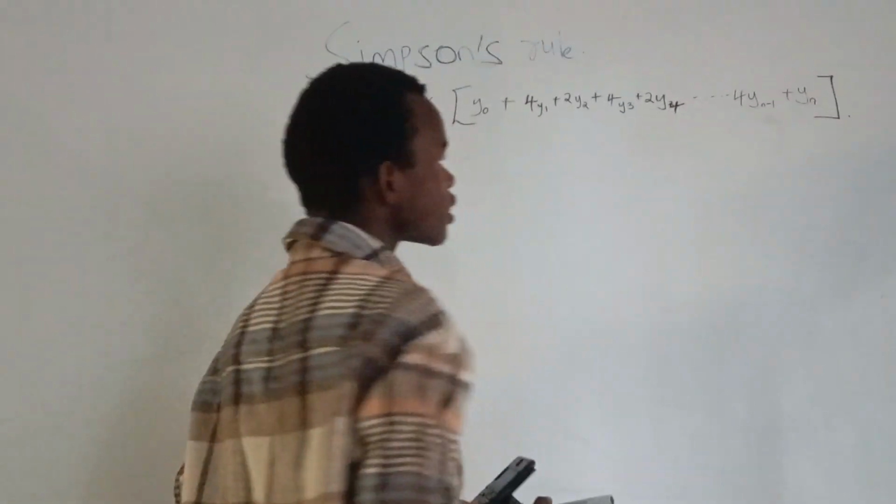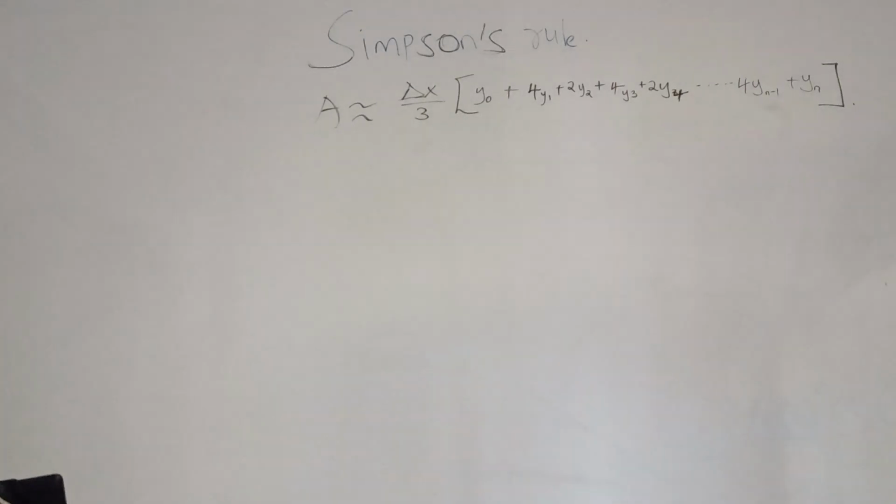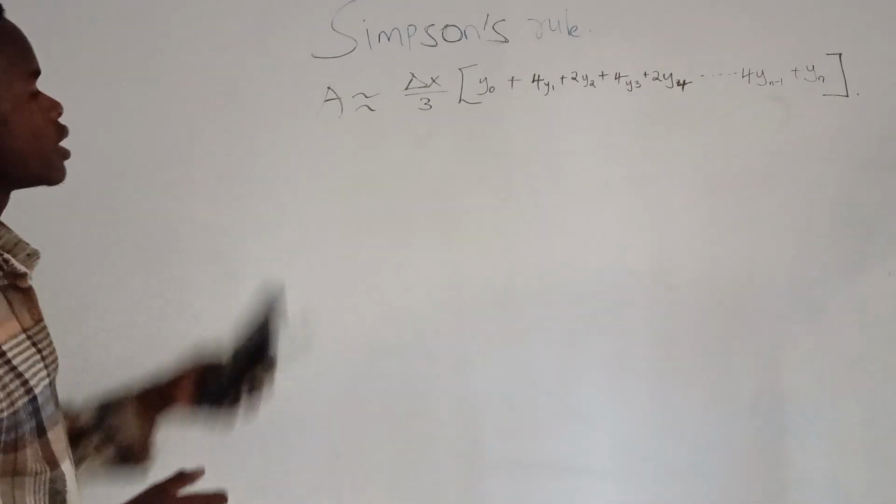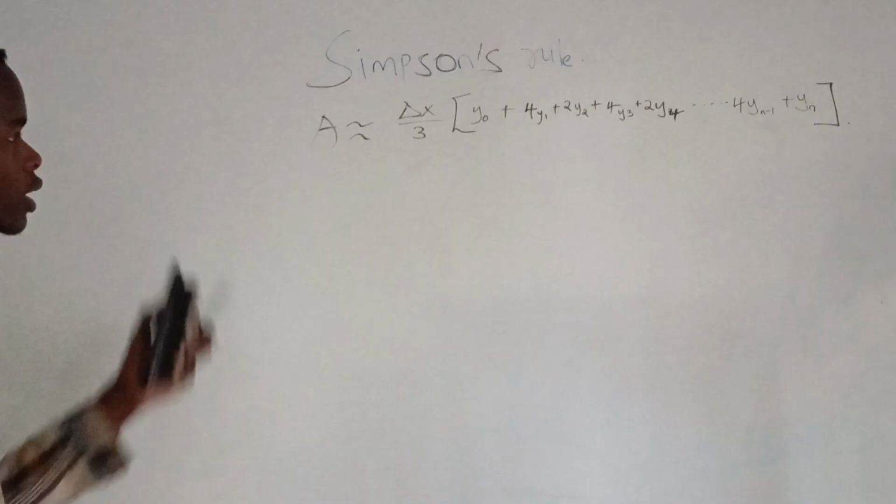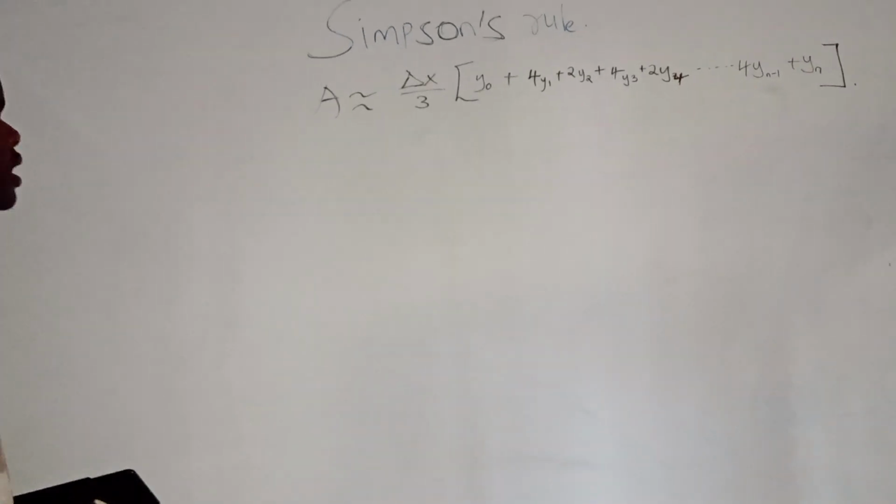So this is our formula. That's how we compute that. This is the area approximated using Simpson's rule. So straight away I'll just write an example.